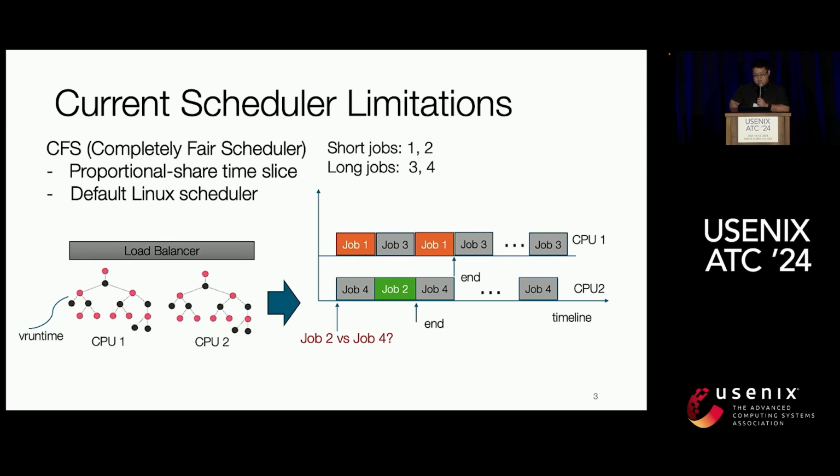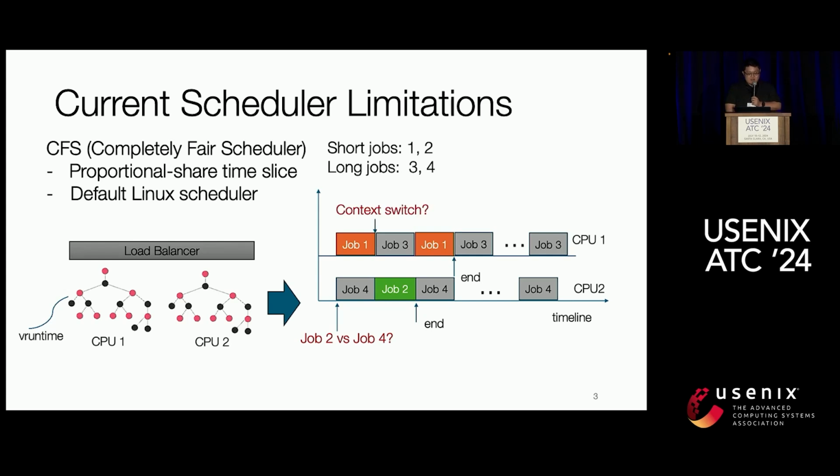At this time, job 2 and job 4 have the same virtual runtime, so CFS just randomly picks one of them. However, as we know, job 2 is much shorter than job 4, so the optimal solution is to run job 2 first. Because CFS has no awareness of the actual execution time of each function task, it could make suboptimal decisions.